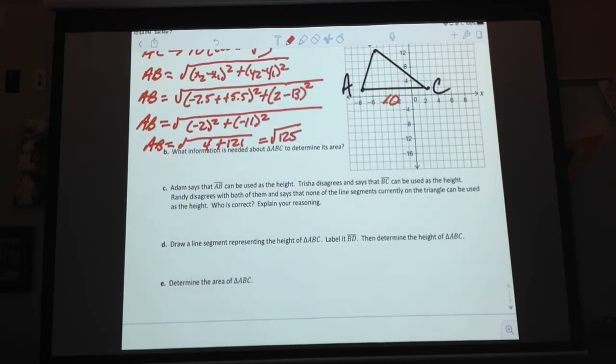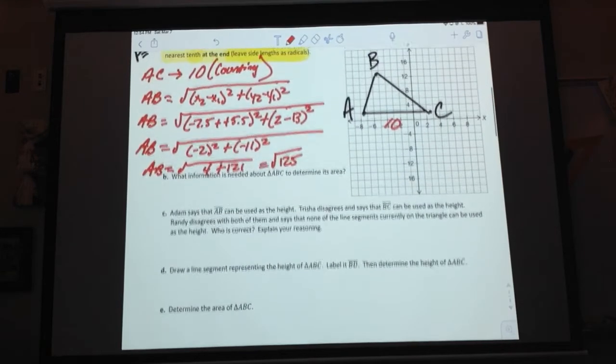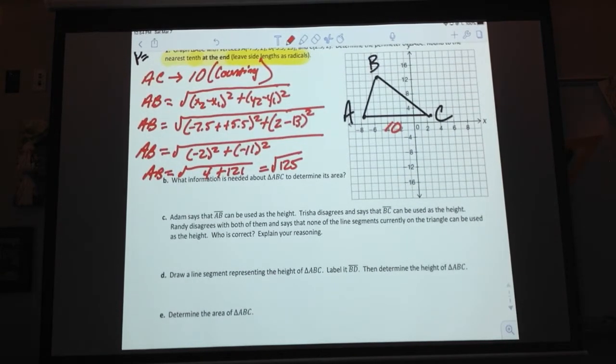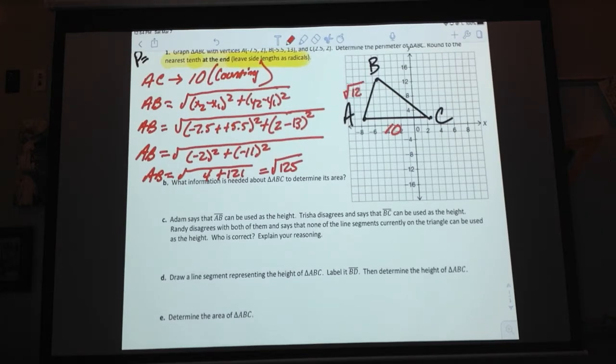And right now I know that the square root of 125 is not a perfect square. And remember, it says leave side lengths as radicals. I'm going to leave it as the square root of 125. Now I also need to find the distance of BC. So I'm going to do that right now. You're going to see me erase all of this for AB because I don't have the room.